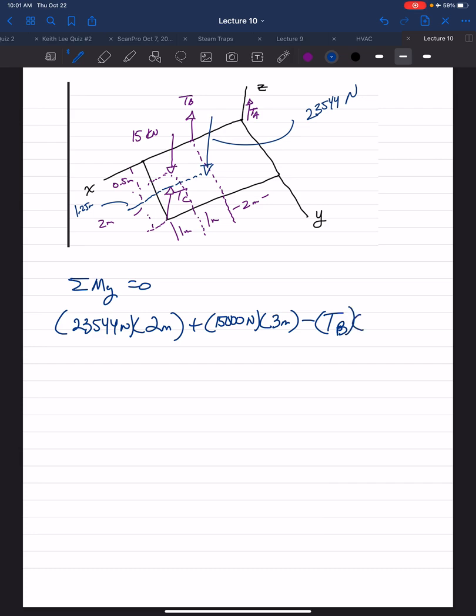Perpendicular distance is 2 meters, and minus the TC, which we already know now, which we calculated to be 14,772 newtons, times the 4 meters. Solve for that. TB is 16,500 newtons.